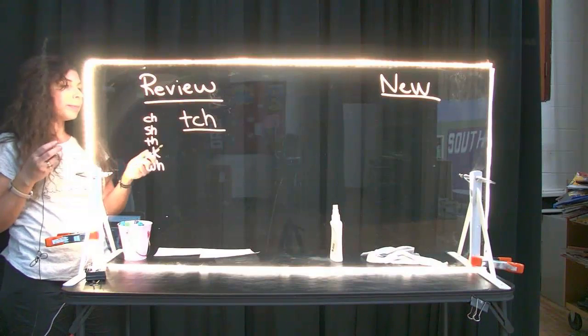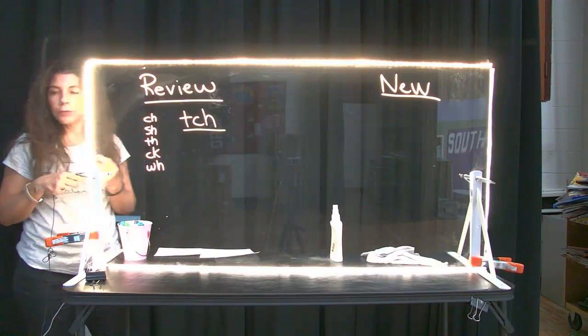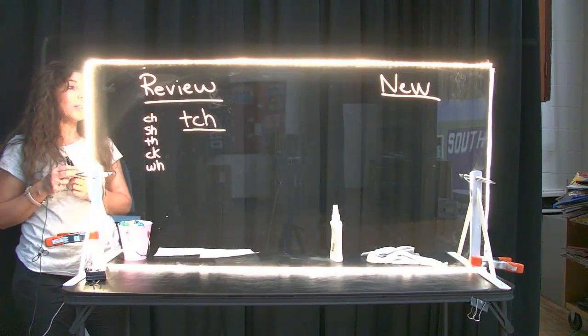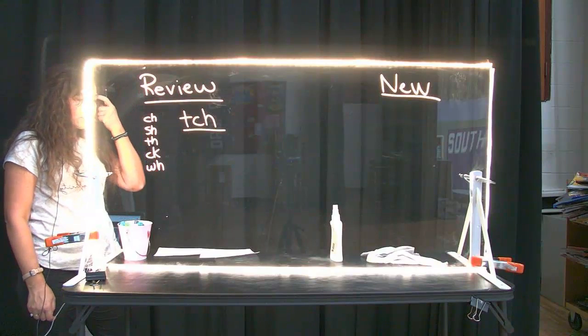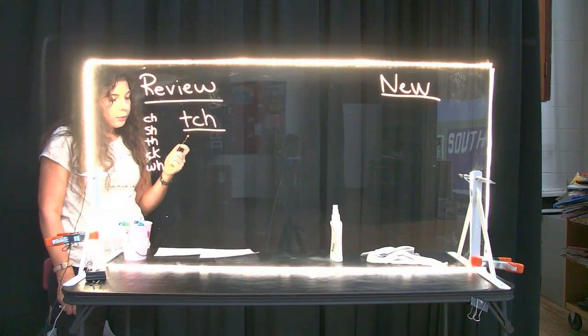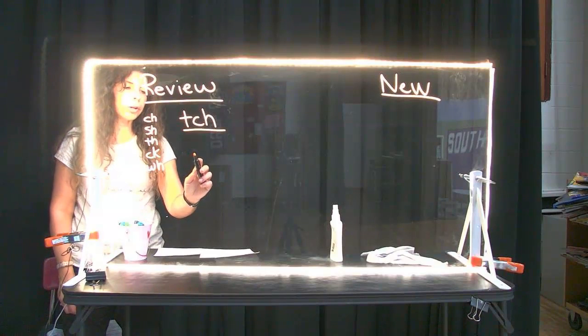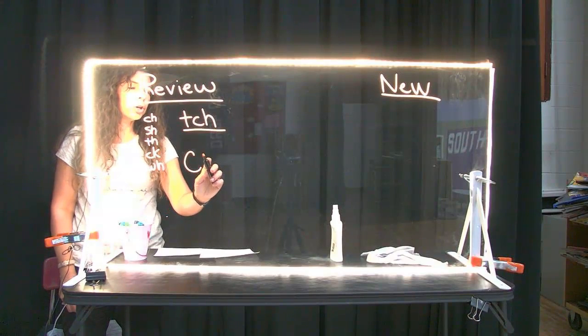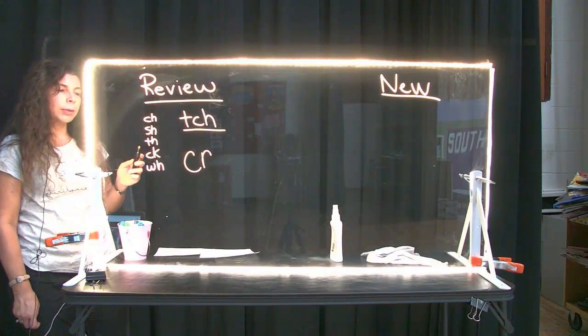So that was something that we learned last week. Last week it was new. This week we're reviewing it because we learned about that last week. When you have a short vowel sound, if you hear ch at the end, for example in the word crutch, if you have crutches, you need a crutch. Cr. If you notice, that's a CR. There are very few KR blends.